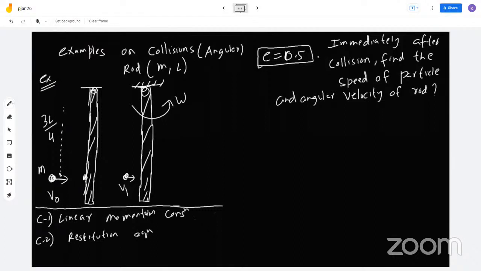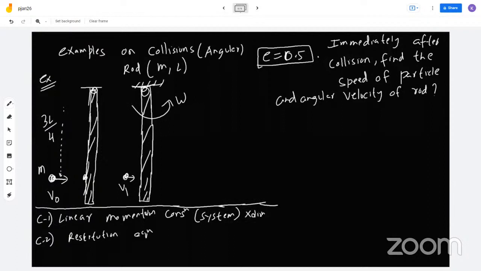Okay guys. Arav, before applying linear momentum conservation, what do we have to check? On what are you applying it, the rod, the particle, or the system of rod and particle? The system. And in which direction? The x direction.